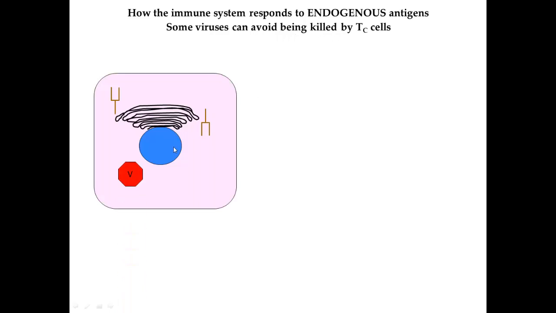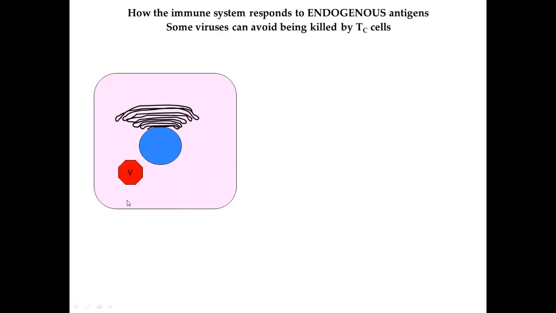It turns out that some viruses can avoid being killed by cytotoxic T cells. Some viruses are capable of forcing the host cell to downregulate MHC1. And that means that that host cell can no longer express this molecule. In essence, it's a way of binding and gagging this host cell so it can no longer cry for help.